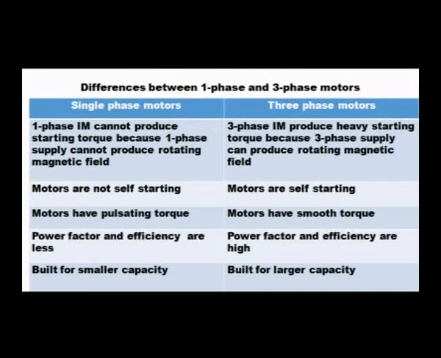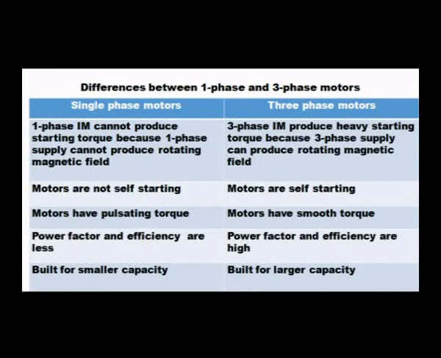Whereas in case of three phase motors, the power factor and efficiency are high. And another important difference is that single phase motors are built only for smaller capacity, whereas three phase motors are built for larger capacity. So these are the differences between the single phase as well as three phase motors.